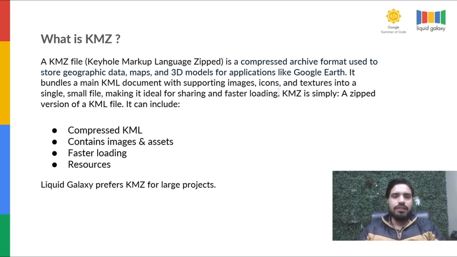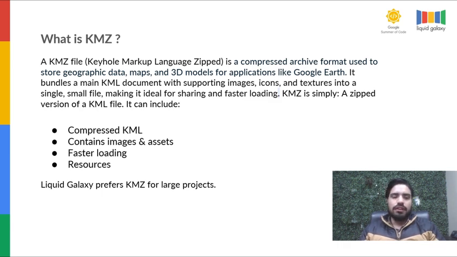In that KMZ file we have a model.dae file which specifies how our model looks, and we have another file, a KML file, which is linked to our model.dae file, and it also specifies the coordinates where we have to display that 3D model, and it also declares camera positions. So when you insert the KMZ zipped file directly into Google Earth, it displays the model or any view which you define in the KML on Google Earth.